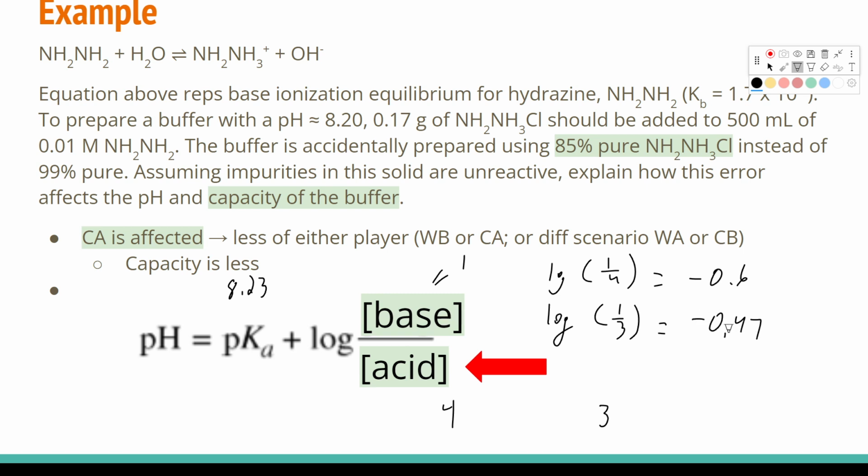And so my, again, pKa was 8.23. So 8.23 minus 0.6, I'm going to number these 1, 2. So for number 1, if I take 8.23 minus 0.6, that's going to make my pH equal 7.63. Versus number 2, if I do that same calculation, 8.23 minus 0.47, that's going to make my pH 7.76.